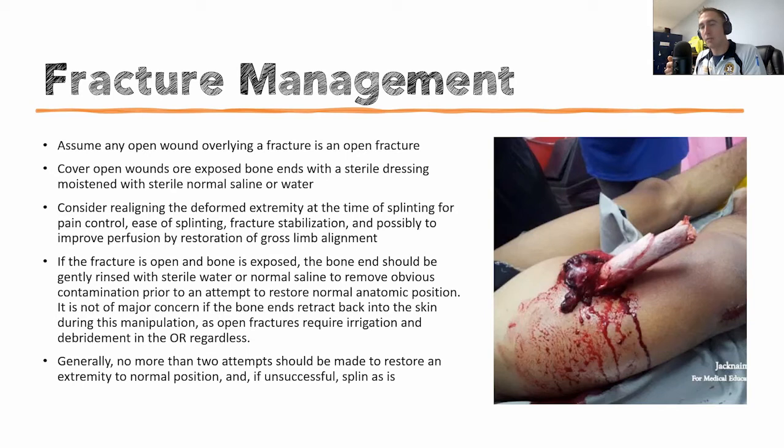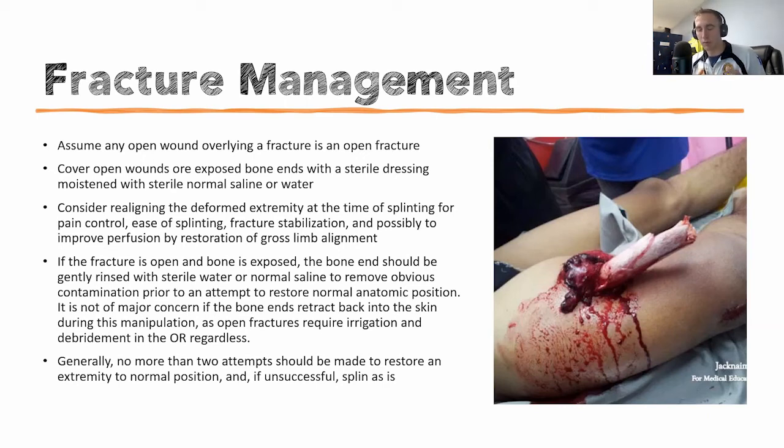But either way, it's still an open wound overlying a fracture that is prone to infection. There's a significant risk of infection. So how do we treat that? Of course, you cover the wound with a sterile dressing. Usually you moisten it with sterile saline or sterile water, and you put that over the wound to try to prevent it from becoming contaminated.